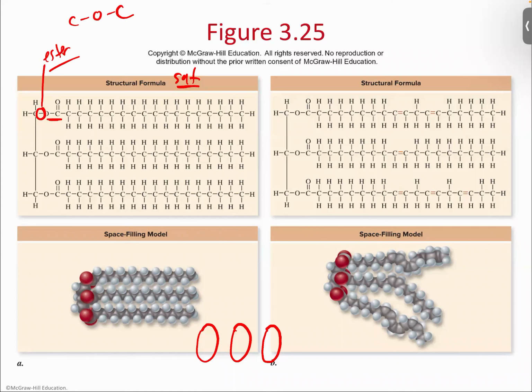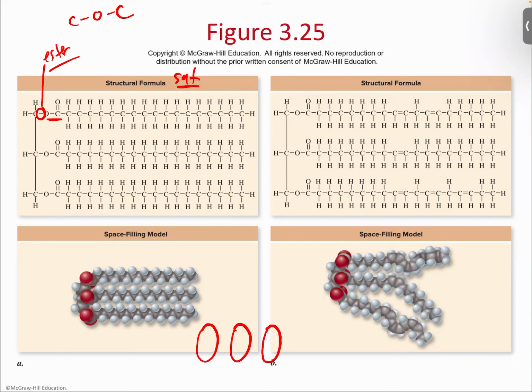So let's review the four bonds that hold these things together. Holding together the carbohydrates is the glycosidic bond. I'm rolling back a bit. Remember there's three of them, 1-2, 1-4, 1-6. Ooh, we've got some work to do before the exam, right?